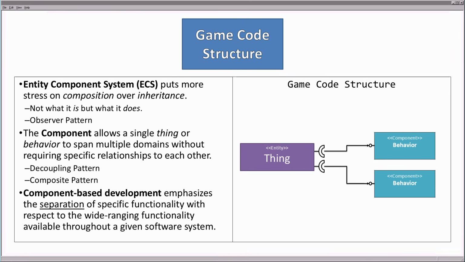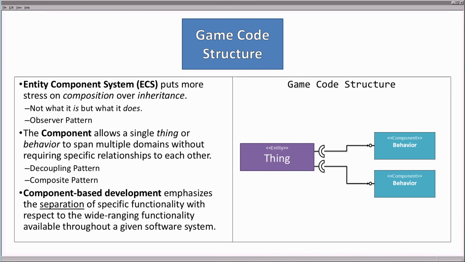Game software structure can be viewed in a slightly different way than the most typical object-oriented design software. Entity Component Systems (ECS) puts more stress on composition over inheritance. It focuses on not what it is, but what it does.